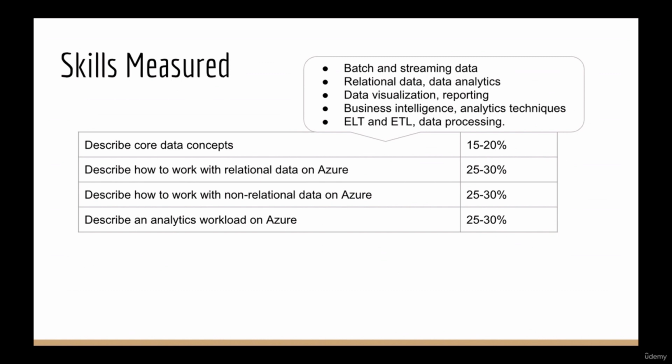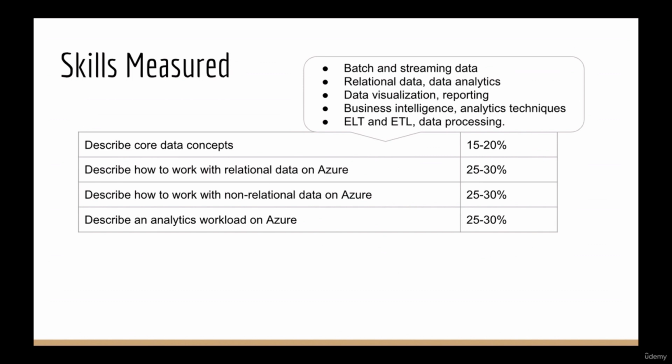Then, it talks about analytics techniques such as descriptive analytics, diagnostic analytics, ETL, which stands for Extract, Transform, Load, and ELT, which stands for Extract, Load, Transform, as well as the concepts of data processing are also described.